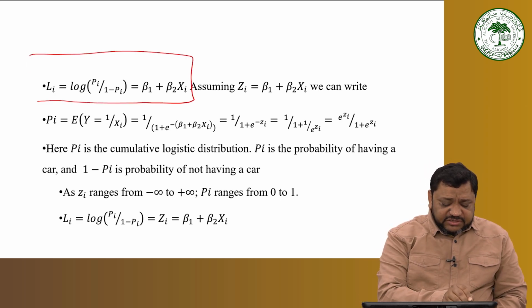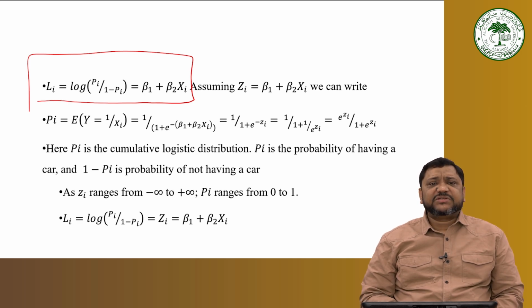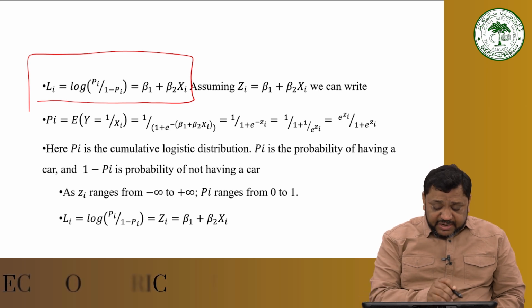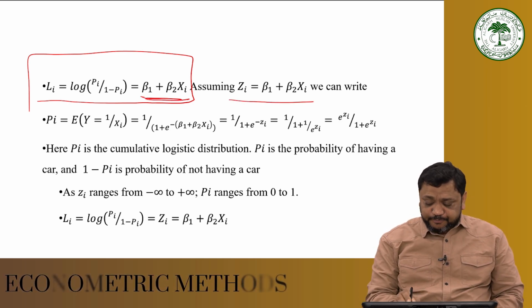Now we have derived this logit function, that is log Pi divided by 1 minus Pi is equal to beta 1 plus beta 2 xi, and we assume beta 1 plus beta 2 xi as Zi.